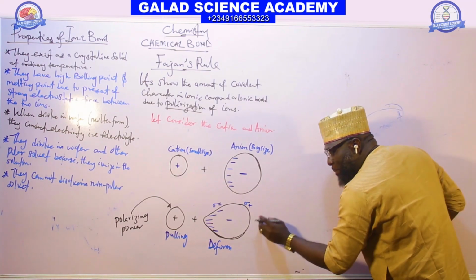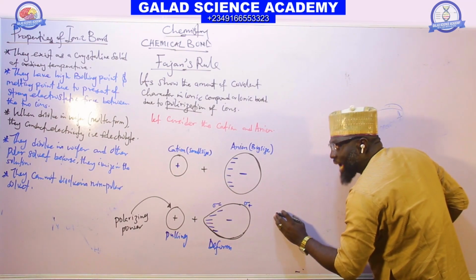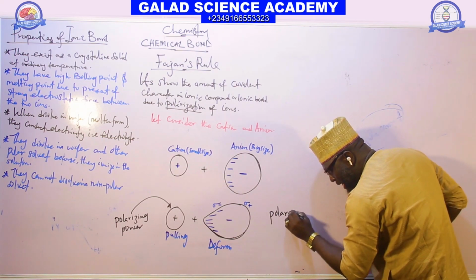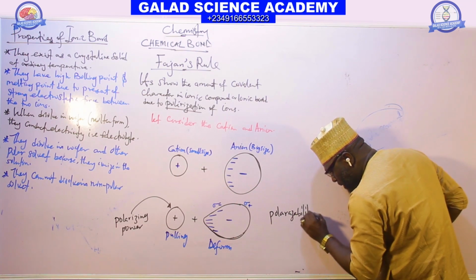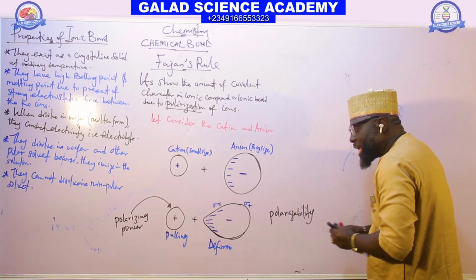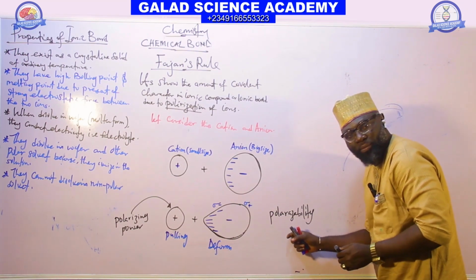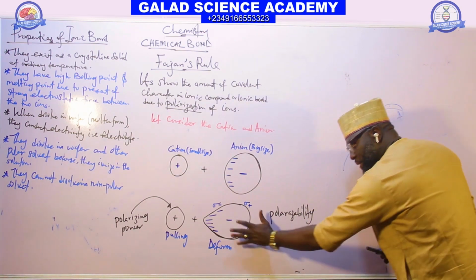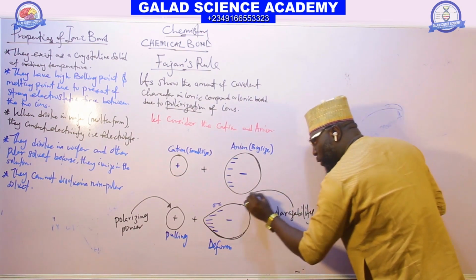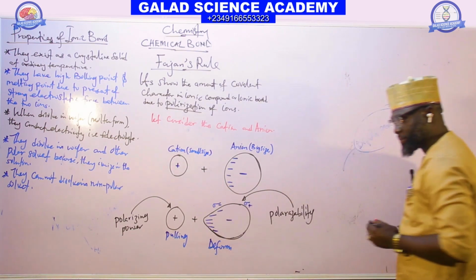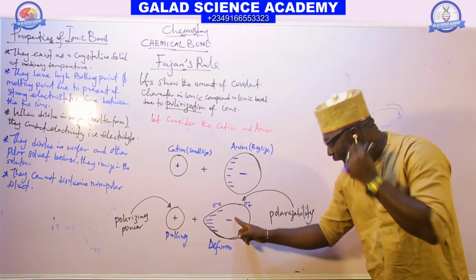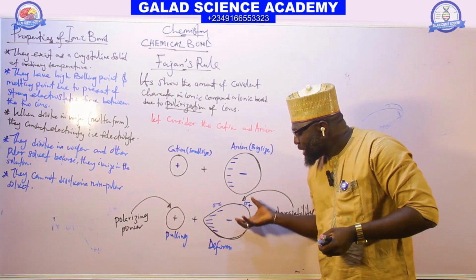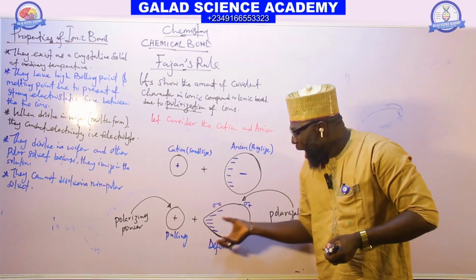And the deforming ability of this anion, we call it polarizability. This polarizability is for the anion.